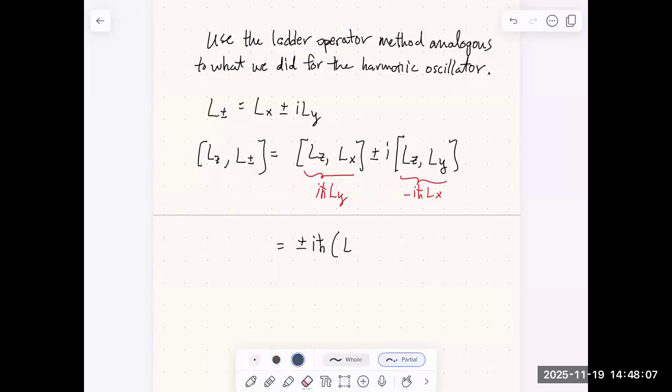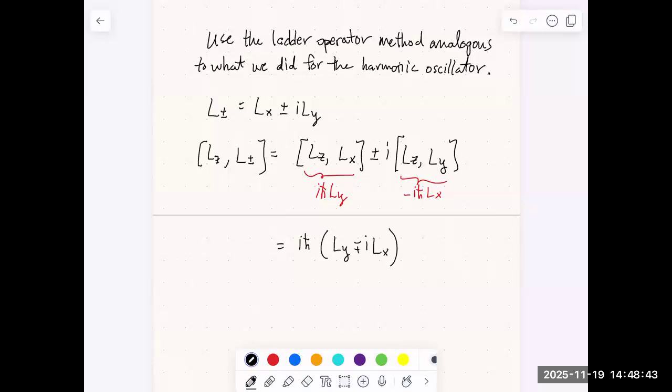Sorry, let's do this slowly. I think I skipped a step in my notes, which is confusing me. So it's i h bar Ly plus or minus, in fact it'll be minus or plus, Lx. Oh, sorry, I missed an i, didn't I? So let's do this carefully: minus or plus i Lx. Does that make sense?